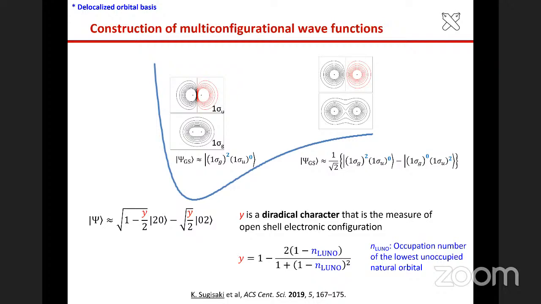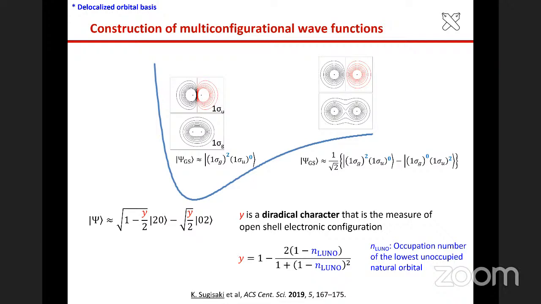Actually, this diradical character can be calculated by using the occupation number of the lowest unoccupied natural orbital. The natural orbitals are eigenfunctions of the one-body density matrix, so you can obtain the natural orbitals by diagonalizing the density matrix. Usually, Hartree-Fock orbitals are eigenfunctions of the Fock operator, which returns the orbital energy as an eigenvalue.